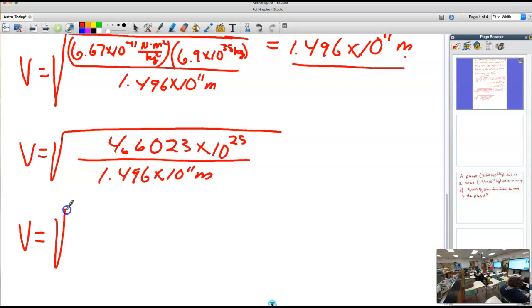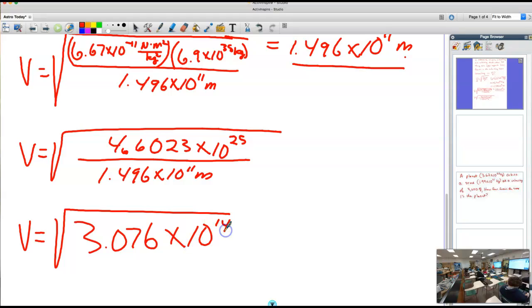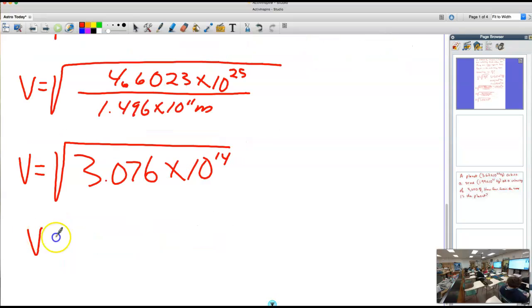V equals square root of, let's divide those two. What do we got? 6 times 10 to the 14th. Confirm? Yeah, okay. And so we square root that and get 1.75. I got a 3.